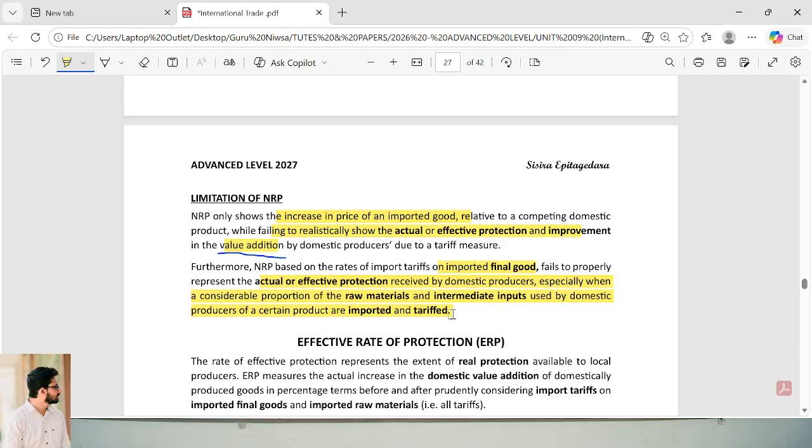NRP considers only the tariff rate imposed on the imported final product. But sometimes our domestic producers have to pay tariffs on imported raw materials as well. I'll explain this point with an example.